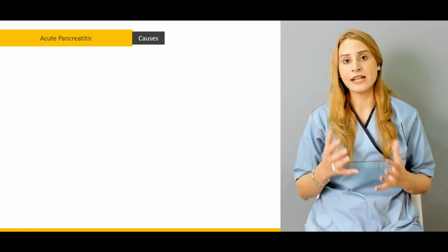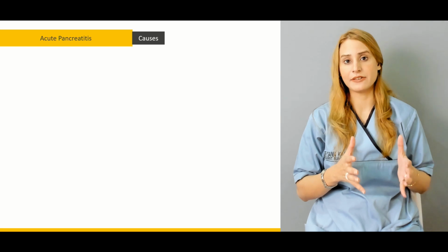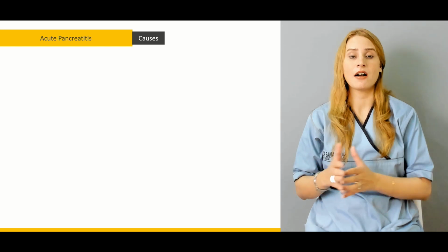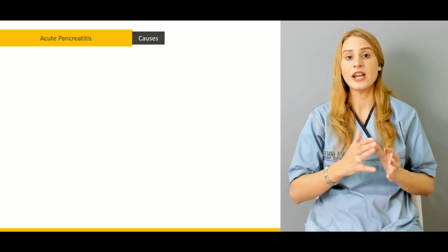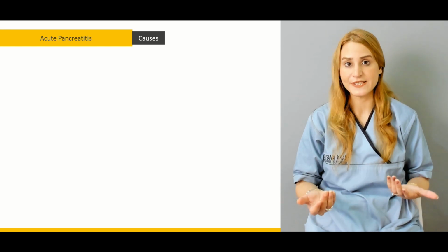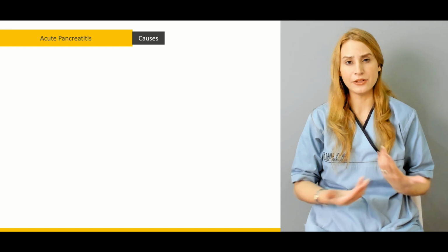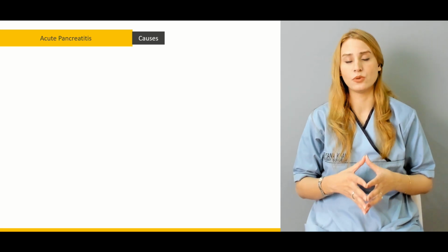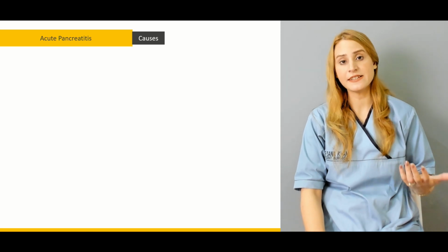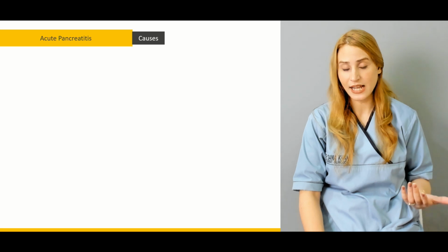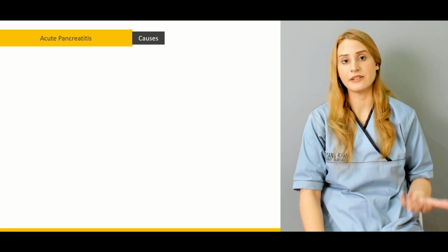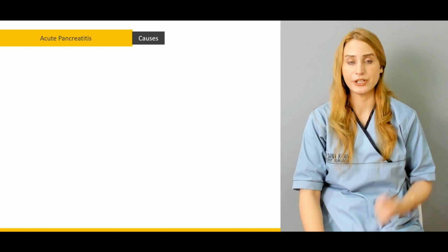We all know that if there's a stone in the gallbladder, there is a chance that it will slip into the common bile duct, and by that passage it ultimately slips toward the pancreas and causes acute pancreatitis. So in almost 75% of the cases, the cause is a biliary calculus.